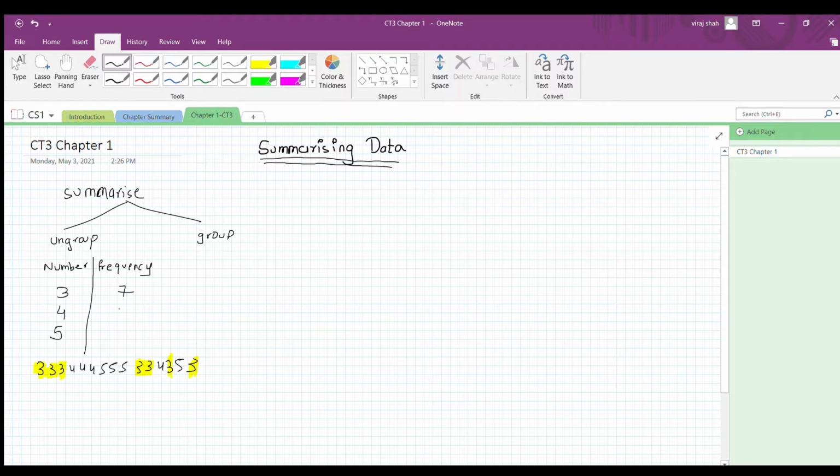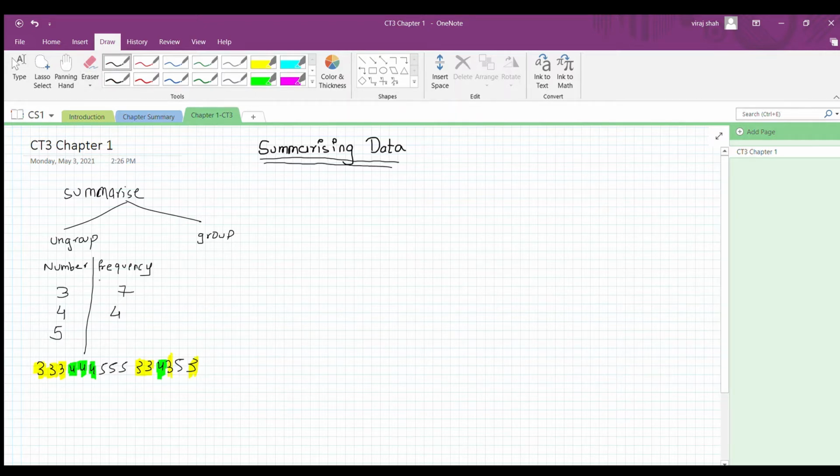So we will write it in the ungrouped one. Number 4. So we will calculate the number of occurrences of a single number 4. So calculating it, it occurs 1 time, 2 times, 3 times, 4 times. So writing it down, it occurs 4 times.